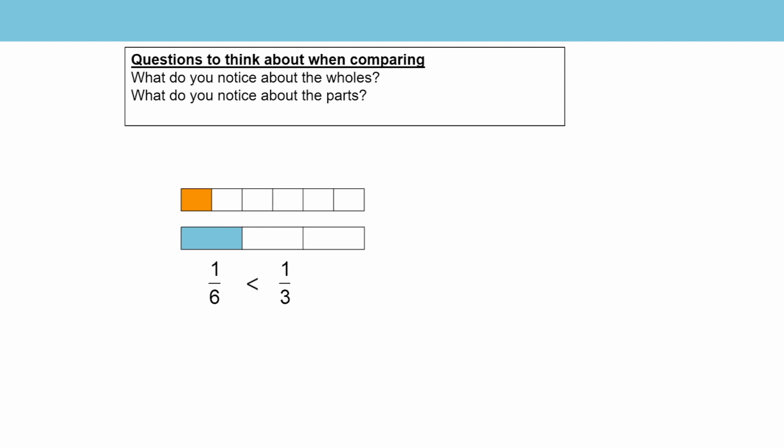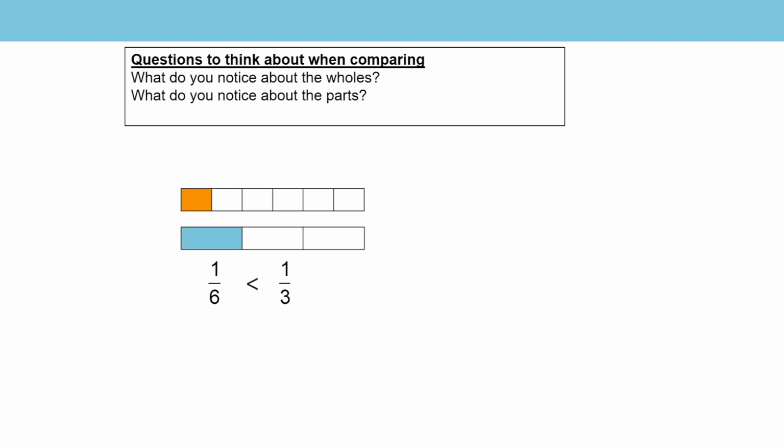What did you notice about the wholes and what did you notice about the parts? You'd be correct in saying the wholes are the same size and the parts in the 1/3 are larger than the parts in the 1/6. What do you notice about the denominators again in these 2 fractions that you've written down?